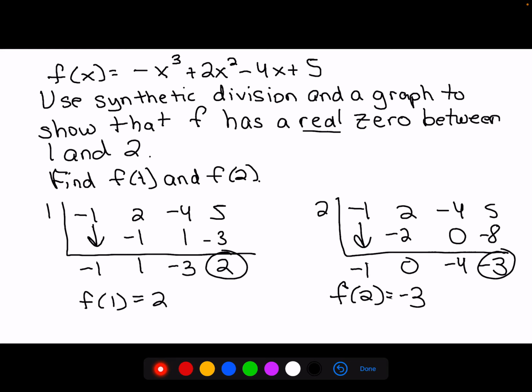And the key is that the signs are different. The signs differ. So then that tells us that there's at least one real zero between 1 and 2, as long as those signs are different.